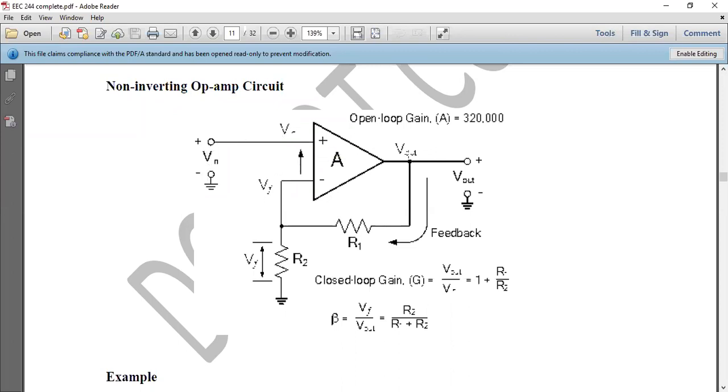Now, we have the V output, and the inverting input terminal is connected to the V output by means of resistance R1, and that connection forms the feedback loop. So when you look at the screen now, you see that the operational amplifier has been wired as a negative feedback with the resistors needed. The gain of this operational amplifier is about 320,000. Look at it up here.